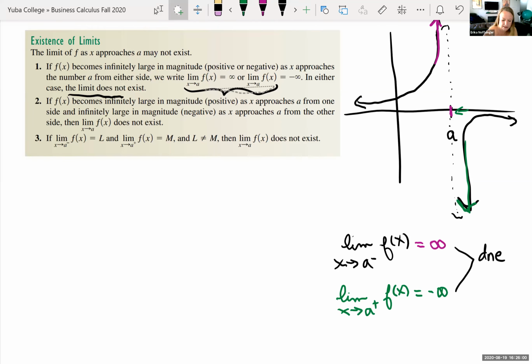And then the last thing: if the limit as x approaches a from the left is equal to L, and the limit as x approaches a from the right is equal to M, and those numbers aren't the same, which is what we were looking at, limits from the left and the right not giving us the same value, then we said that limit also didn't exist.